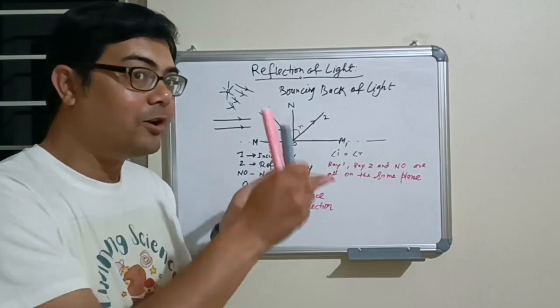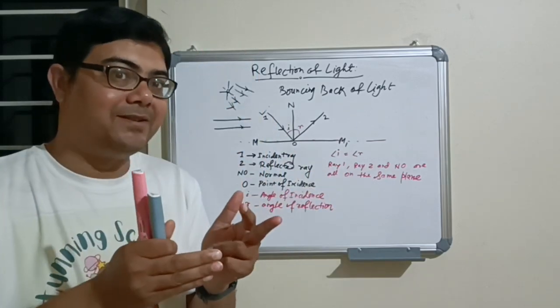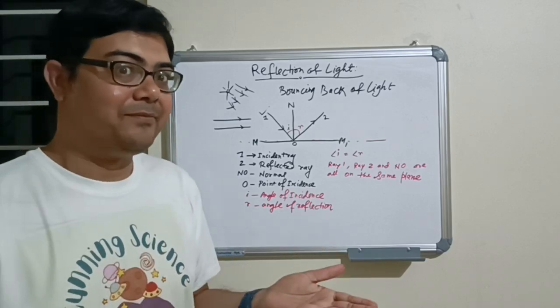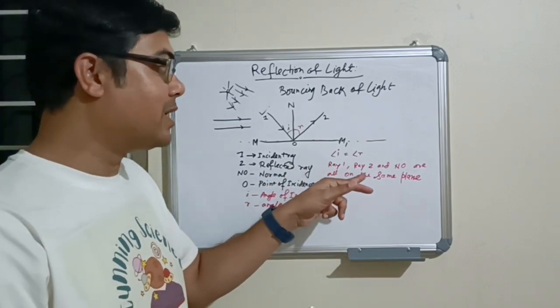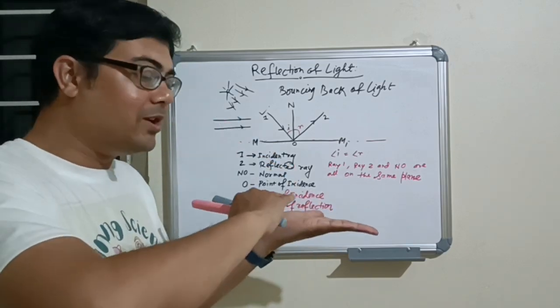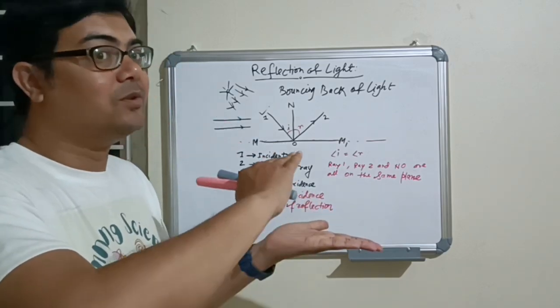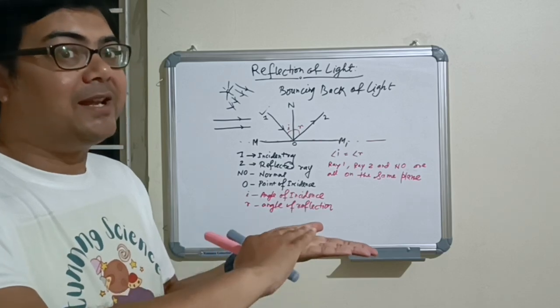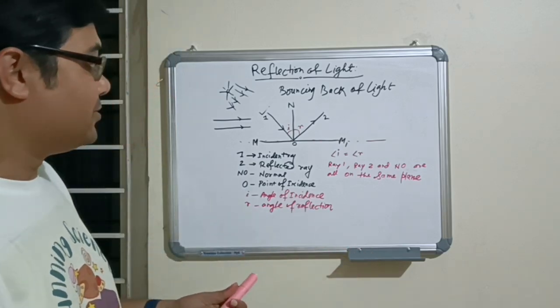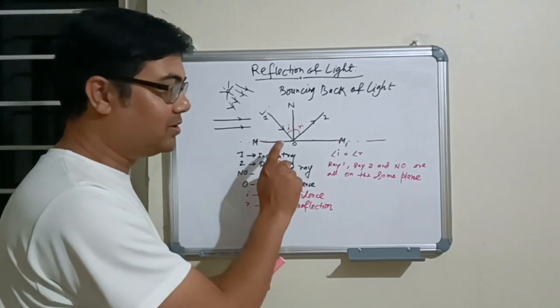The normal is an imaginary line, so it will not be disturbed so directly. But definitely ray 1 and ray 2 will be disturbed, because ray 1 is falling on the plane on which the mirror has been kept. Clear? Good.